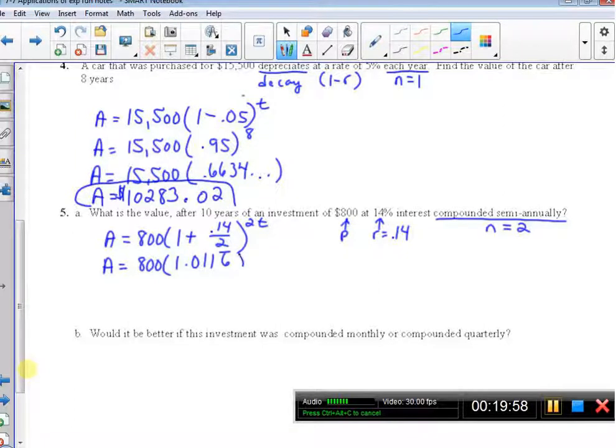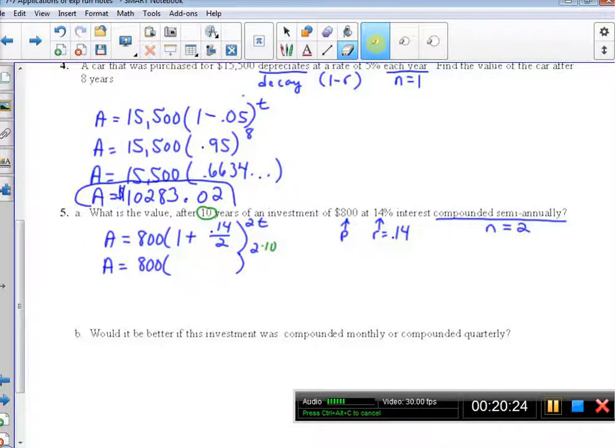So A is equal to 800 times 1 plus 0.14 divided by 2 is 1.0116 repeating to the 2, and then we want 10 years. So 2 times 10, or, I'm sorry, yeah, compounded semi-annually. All right, so then, oops, I think I have an error. 0.14 divided by 2, that amount is incorrect here.